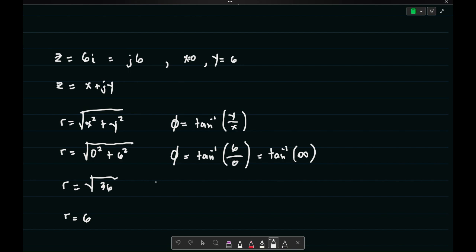The arctan of infinity is 90 degrees. So our z is equal to 6 and angle 90 degrees.